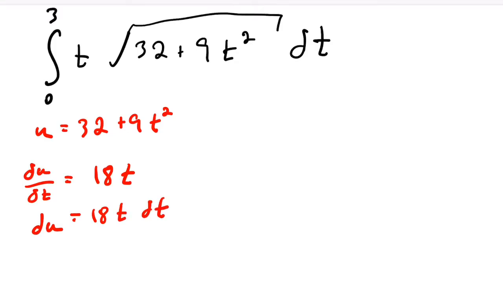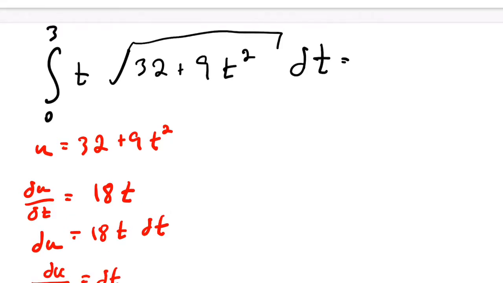And then we can get the dt by itself by dividing both sides by 18t. That leaves us with du over 18t is equal to dt. So then in our integral, we have a t on the outside, we have radical u, and then the dt can be replaced with du over 18t.